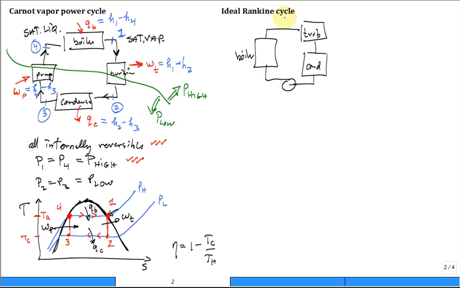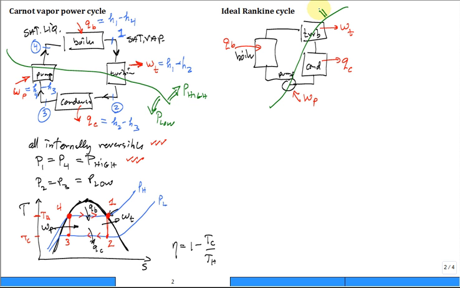So we still have QB in the boiler, still have WT out of the turbine, QC out of the condenser, and WP into the pump. All right, I should have labeled that as pump, P-U-M-P. There you go. And we still have a high pressure side and a low pressure side.